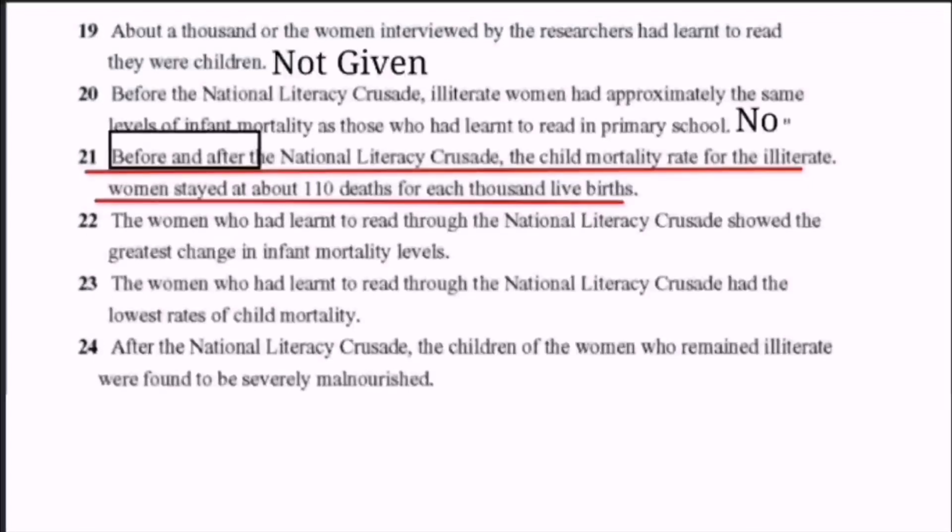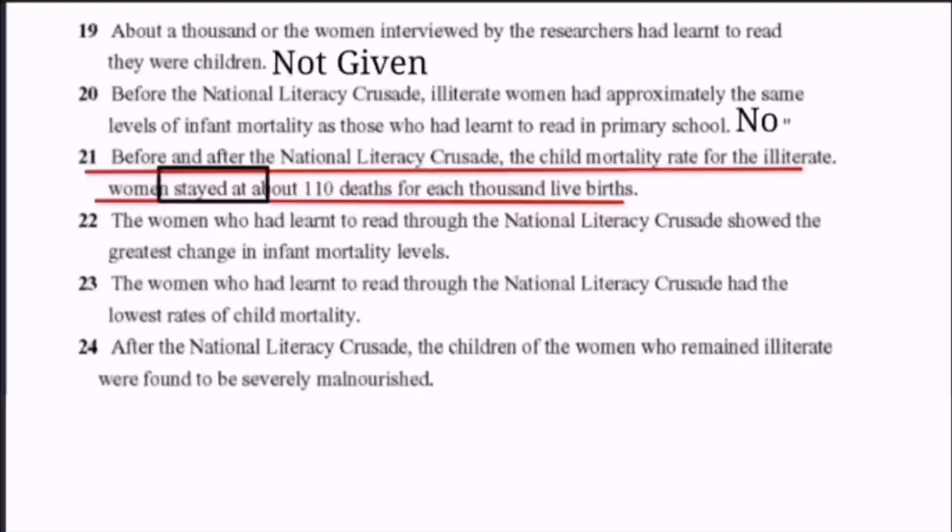So "stayed at" is the keyword, and that phrase is similar in meaning to the word unchanged. Mortality rate is a keyword, illiterate women is a keyword, and about 110 deaths is a keyword.